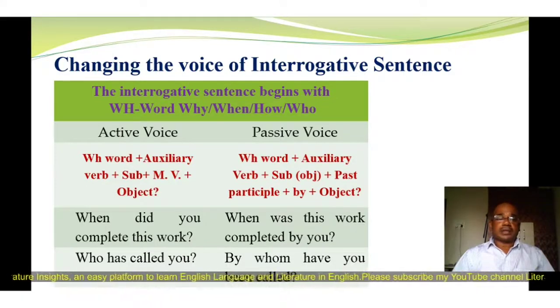Here I have given examples. When did you complete this work? When was this work completed by you? Who has called you? By whom have you been called? So these are the examples of active voice and passive voice using interrogative sentence begins with WH word why, when, how and who.